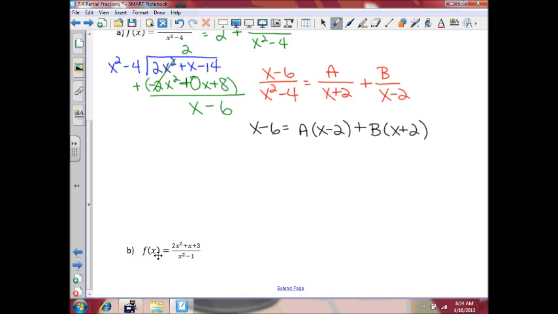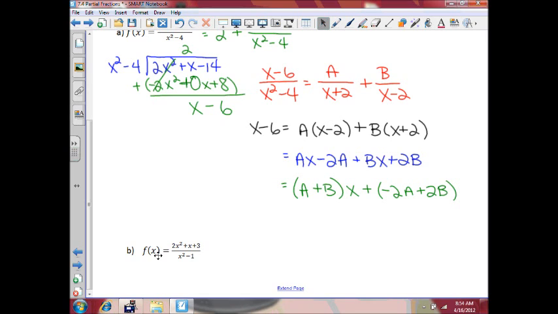Simplifying further, we have Ax minus 2A plus Bx plus 2B. Putting in our parentheses, we have this, which means A plus B will equal 1, because that's the number in front of x, and negative 2A plus 2B will equal negative 6.